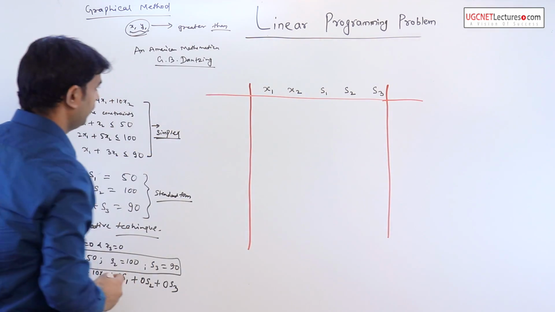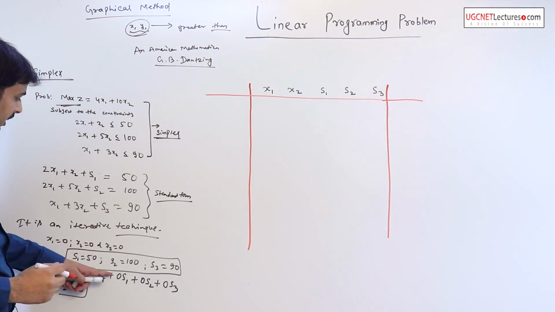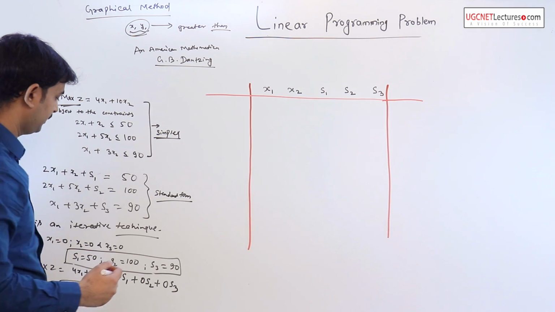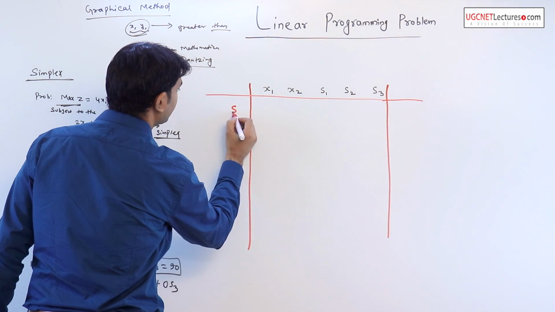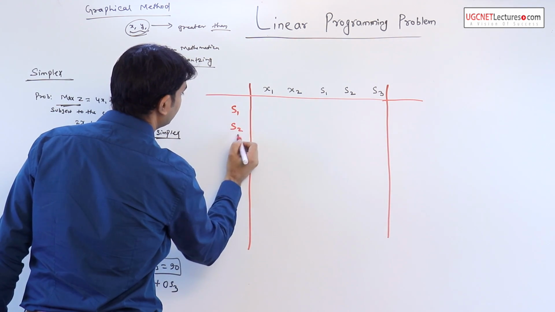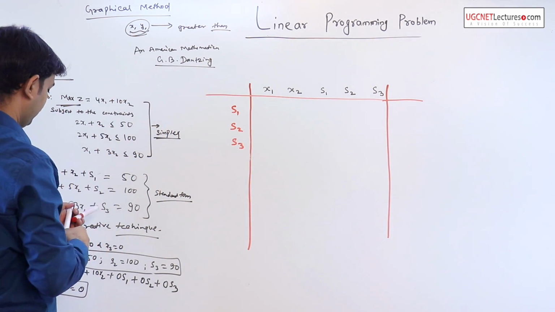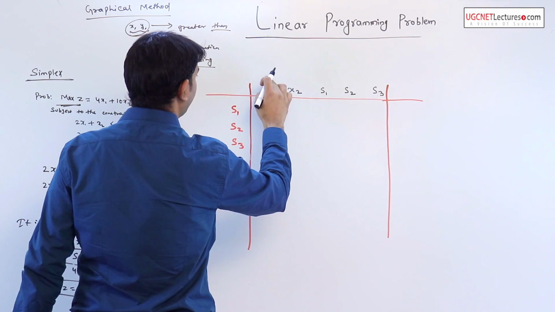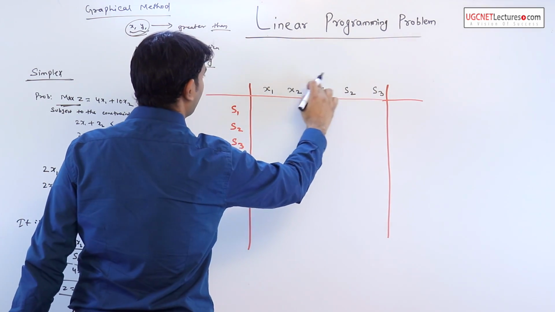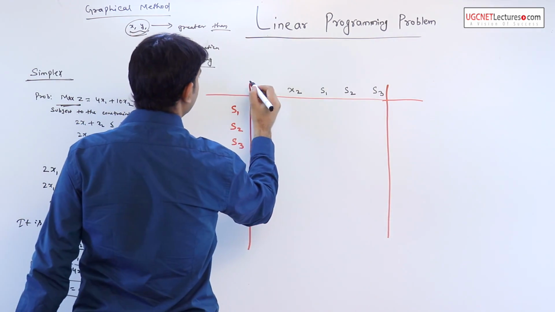And here we start with s1, s2, s3 as a basic feasible solution. We have to write here s1, s2, s3, and we have to write the coefficients of the objective function, that is in z.